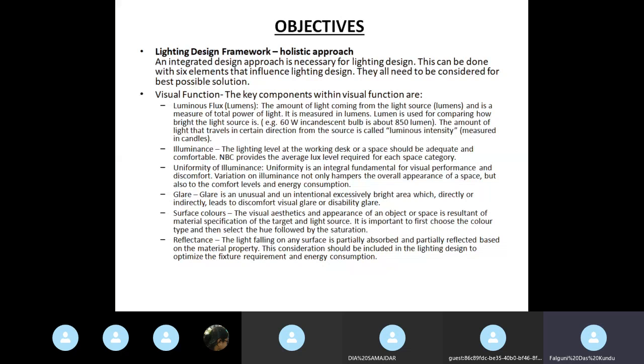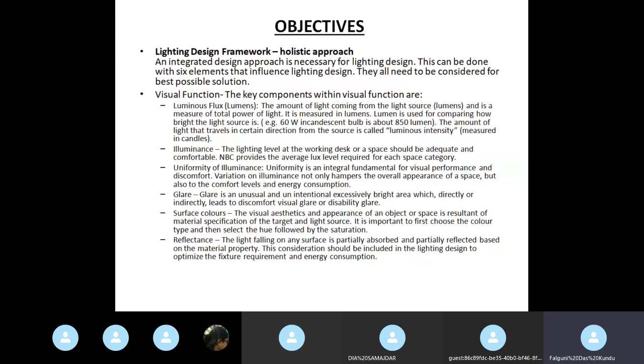The lighting level at the working desk or a space should be adequate and comfortable. NBC provides the average lux level required for each space category. Uniformity of illuminance.